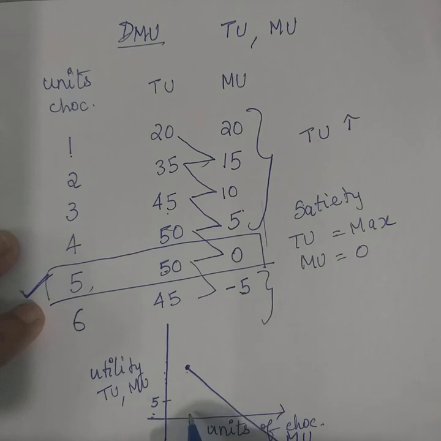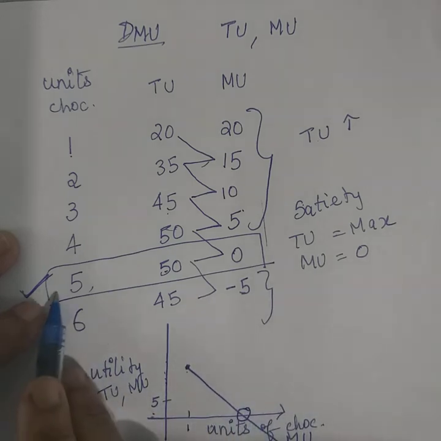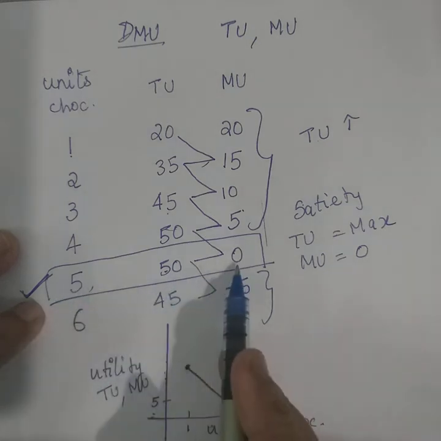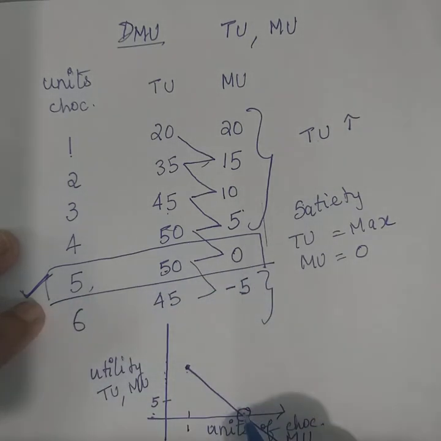So this is the first unit, let's say, and even as the fifth unit of chocolate is consumed, marginal utility becomes 0. That means it is going to cut the x-axis, right? And it moves to the negative quadrant. Fine.